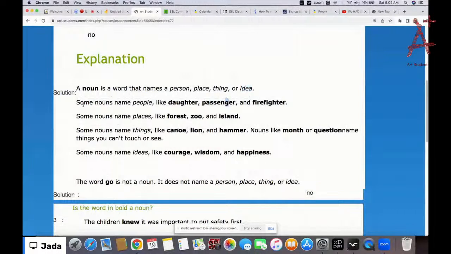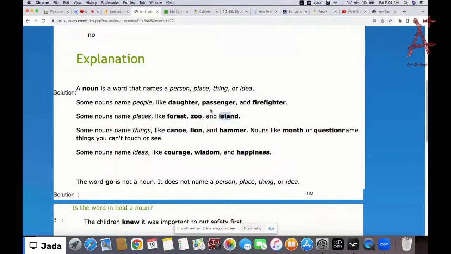Some nouns name people, like doctor, passenger, and firefighter. Some nouns name places, like forest, zoo, and island. Places could be a forest, an island, the beach.